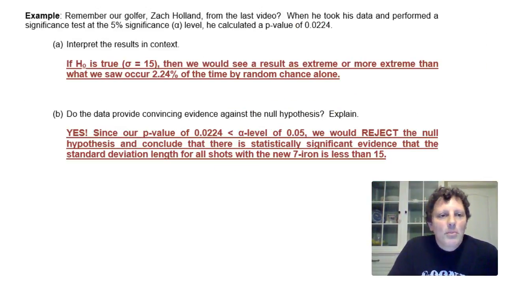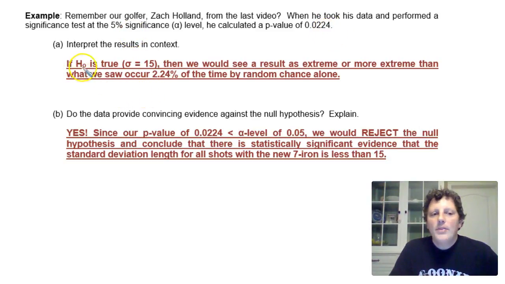So here's our example. Remember that golfer, Zach Holland, who kept up with all of his 7-iron distances and took data on that. Well, when he looked at his data from the sample that he took with the new 7-iron, and he performed a significance test at the 5% level, he calculated a p-value of 0.0224. Remember, that's a probability. How would we interpret this?